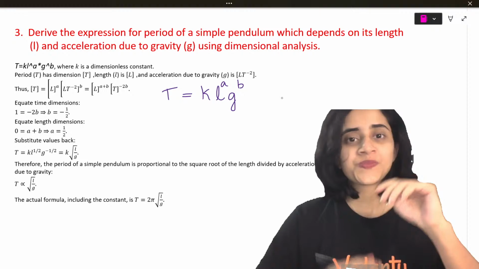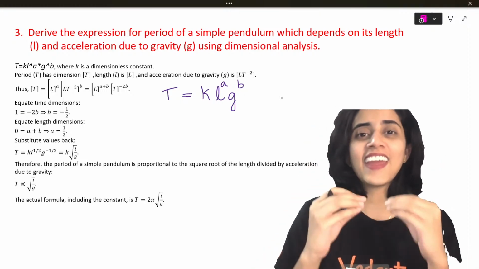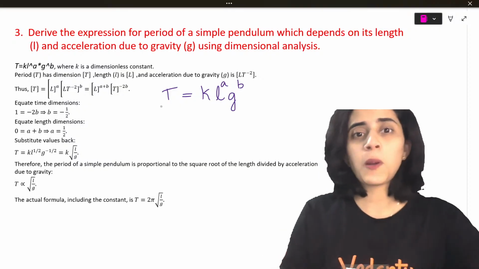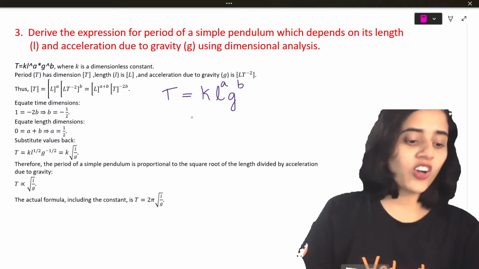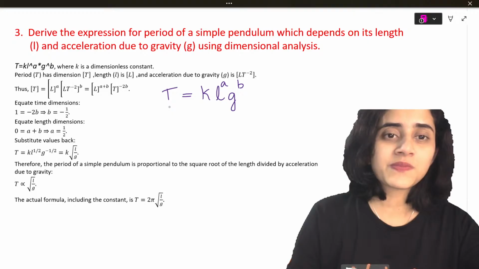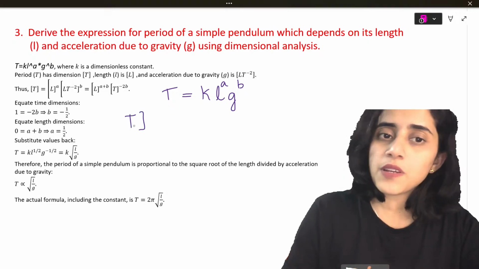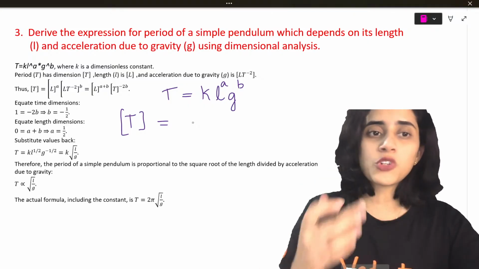Yeah, so we'll just generally write it as T is equal to K, L raised to A, G raised to B. Next, we will write down the dimensions for all this. What is the dimension for time period? The dimension for time period is T itself, is equal to, K is a constant, I'm going to ignore it.